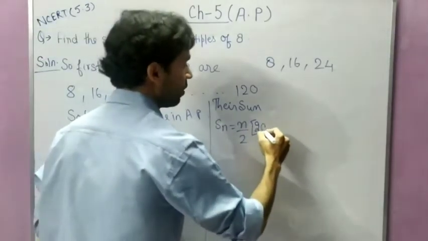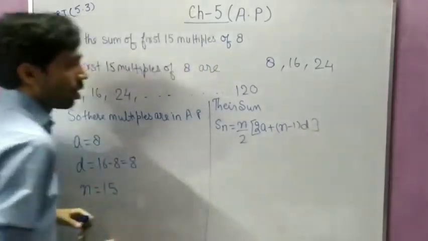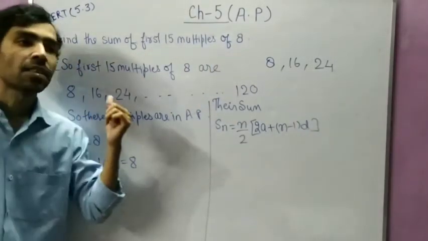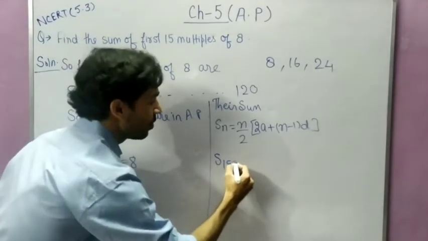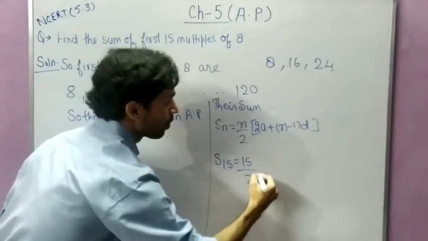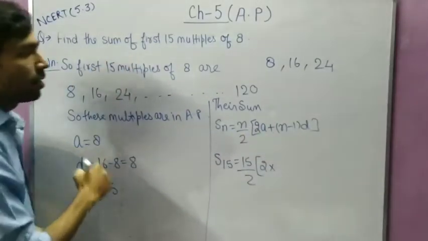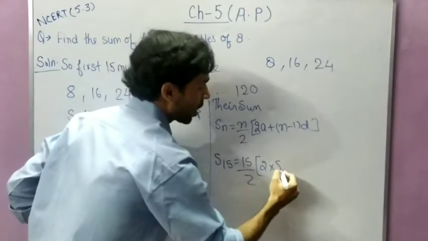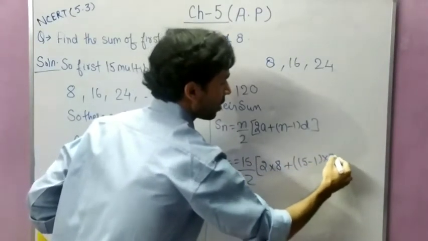I am using that one, 2a plus (n minus 1)d. Now, because we have to find the sum of the first 15, in place of n we will put 15, so it will be 15 by 2. Now 2 into a, and in place of a we can put 8, plus 15 minus 1 into 8.